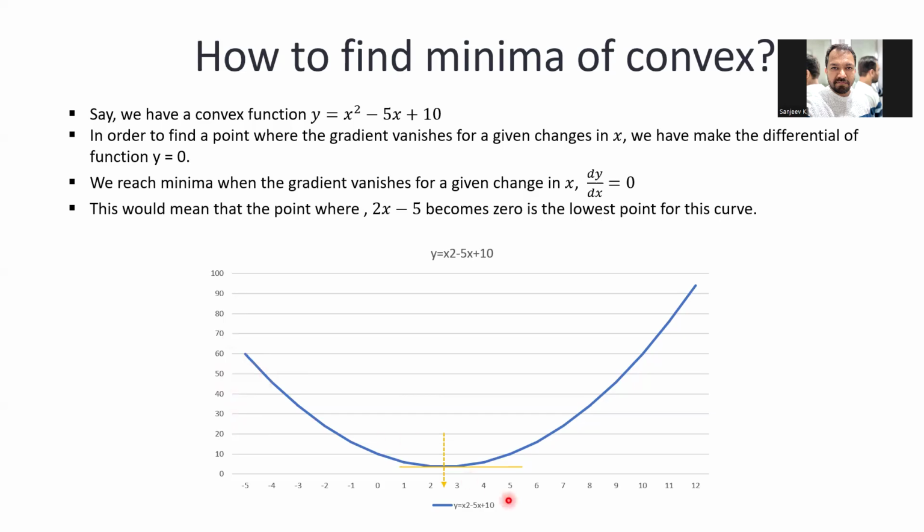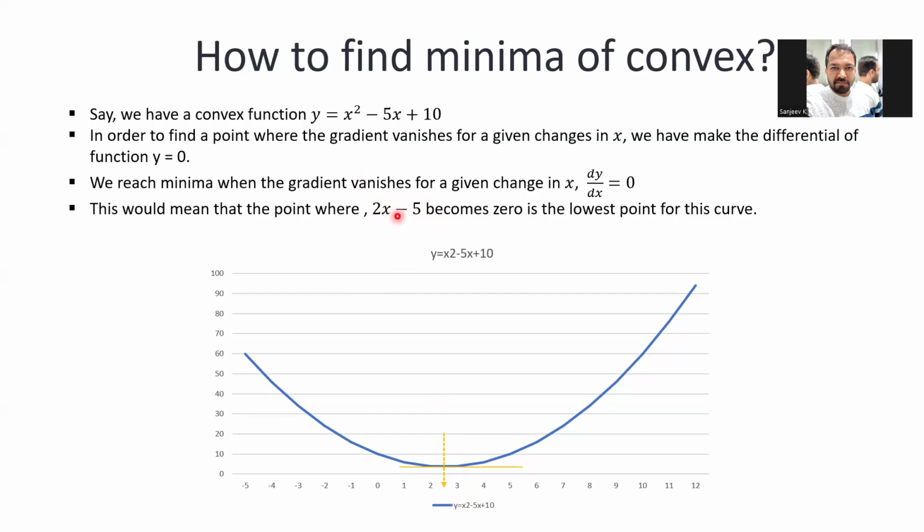So in order to find such a point, I have to calculate the first differential of this equation and see the point where the first differential becomes zero. If I calculate the first differential for this equation, it becomes 2 times x minus 5. The point where 2x minus 5 becomes 0 is our minimum point.